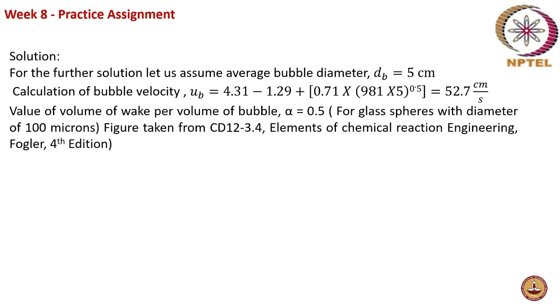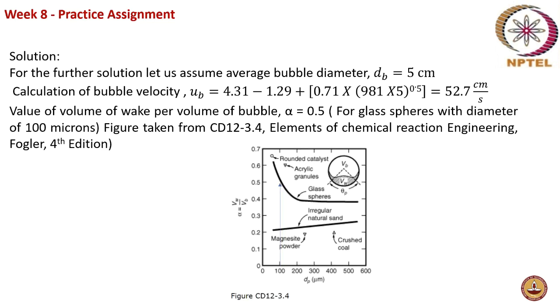Now we have to find out what is alpha, that is volume of wake per volume of the bubble. For that, there is a particular plot available in the CD content of Elements of Chemical Reaction Engineering, Fogler 4th edition. In that you have a figure which gives the alpha value for different bubble diameters.